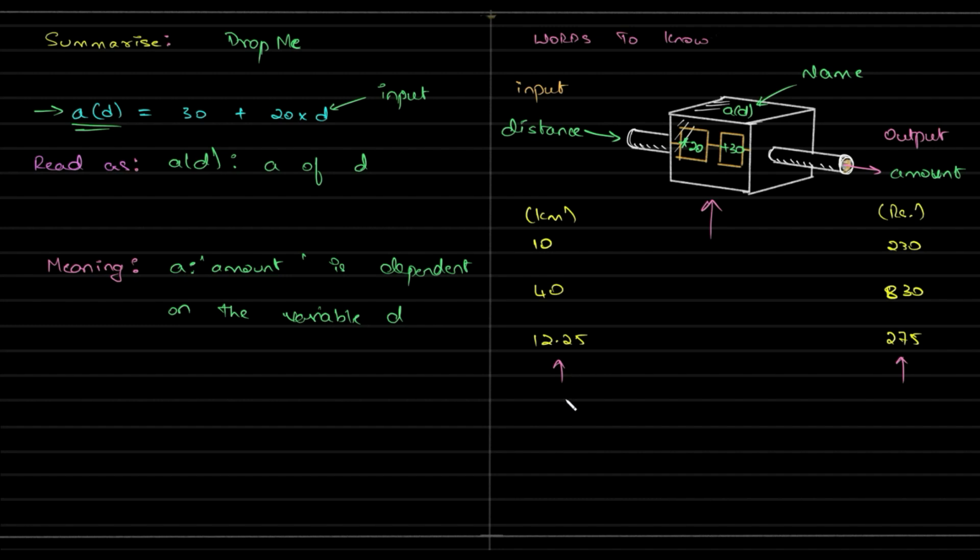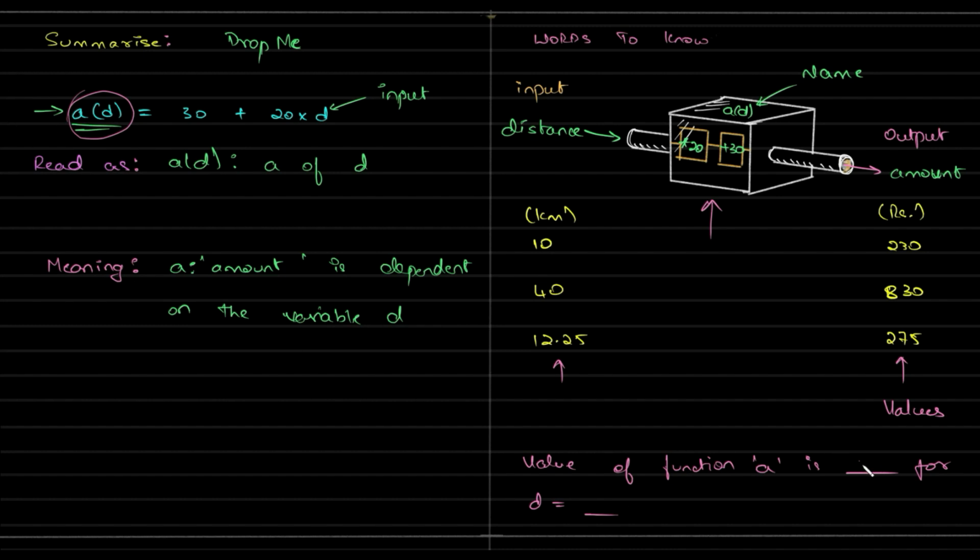Okay, so there is a special name to this. These are known as values. Values are nothing but another name for the output for a particular input. So the language goes like this: value of function. They call this a function, right? The value of function A is 230 for D being equal to whatever the value is.